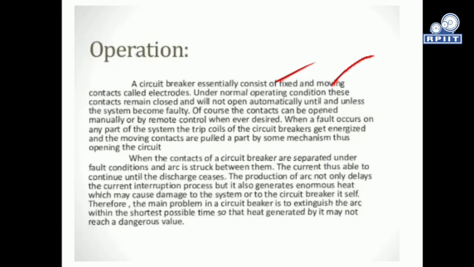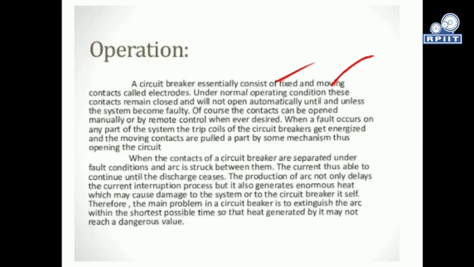Of course, these contacts can open manually or by remote control whenever desired. When there is a fault on the system, the trip coil of the circuit breaker will get energized. Simply, the relay will sense the fault condition. Then the moving contacts are pulled apart by some mechanism. Thus this will open the circuit.